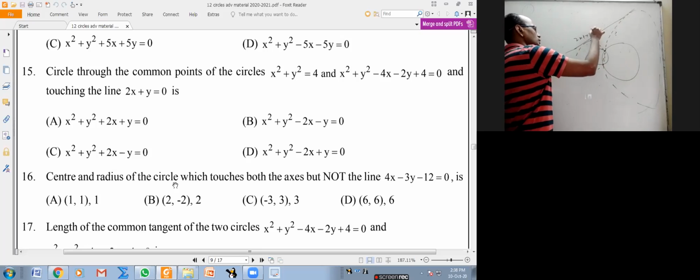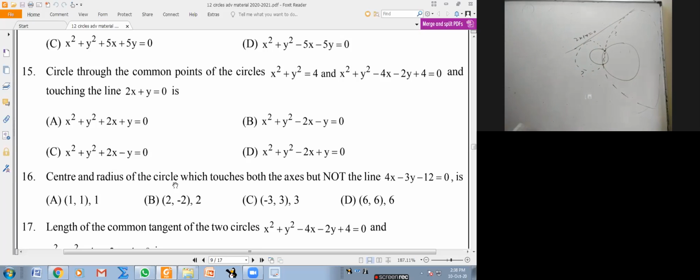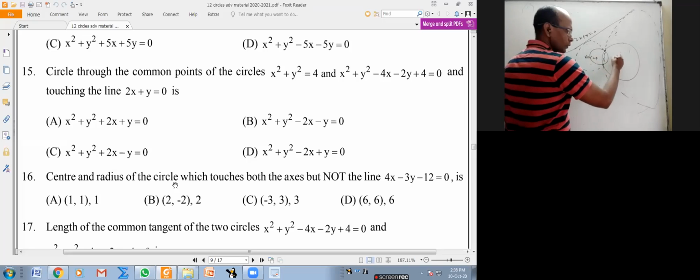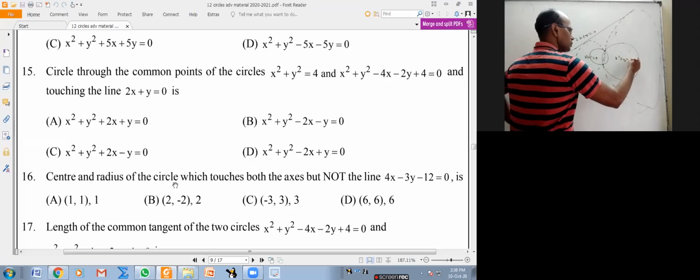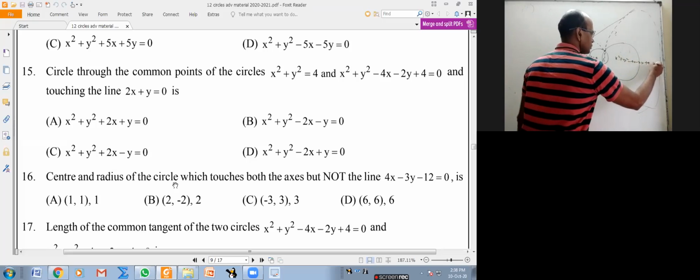This is x square plus y square equal to 4. This is x square plus y square minus 4x minus 2y plus 4 equal to 0.